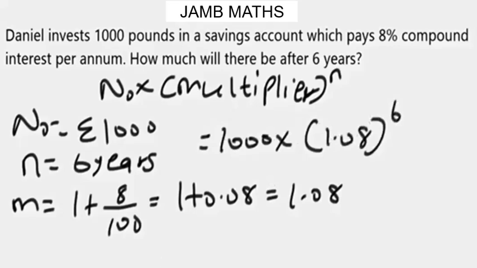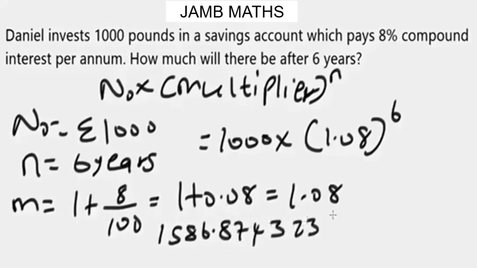Let me punch it on my calculator and see what I'm going to have. When you punch it in the calculator, you're going to have 1586.8743323. Let's leave it at 2 decimal places.